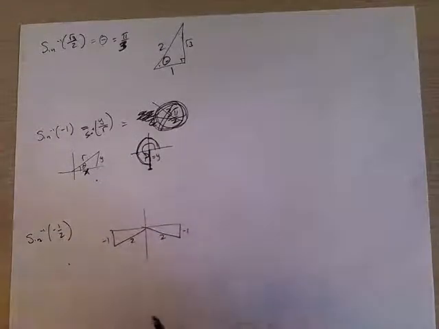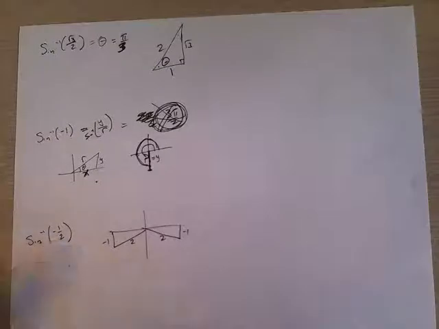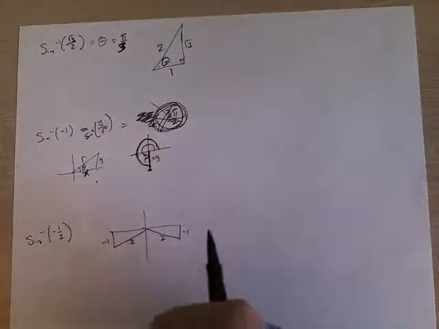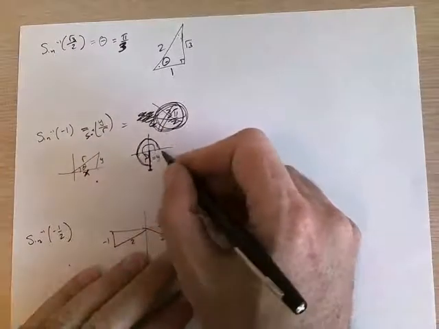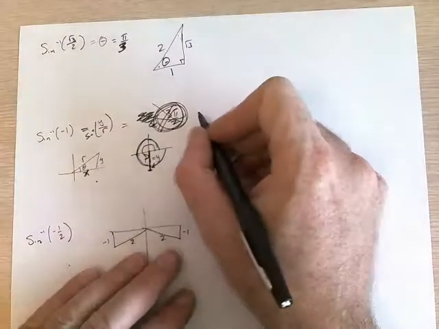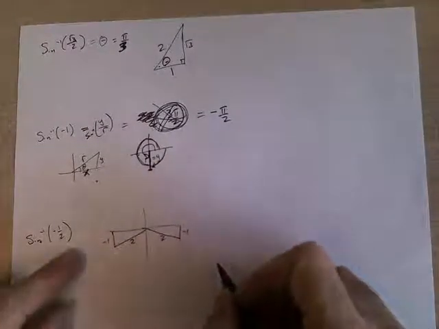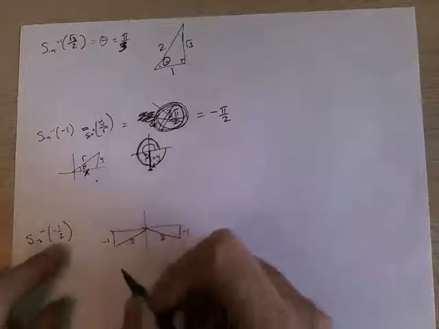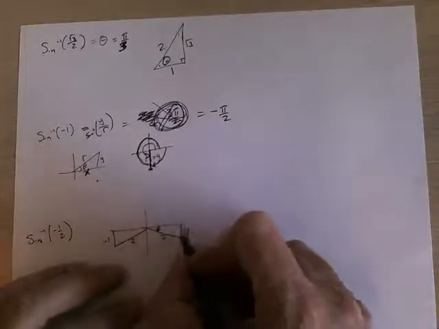There's a lot of angles whose sine is equal to -1. There's a lot of angles whose sine is equal to -1/2. When we talk about the sine inverse, we're only talking about the smallest such angle. And in this problem, that angle is gotten this way. That's the smaller angle. So this should be -π/2. And likewise here, the smallest angle whose sine is -1/2 is this angle right here.